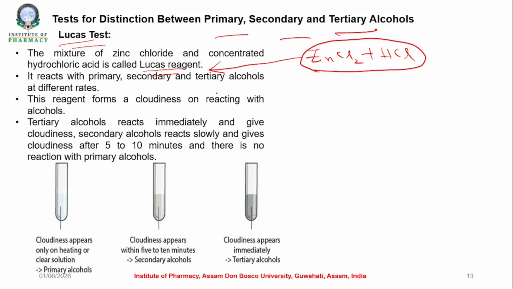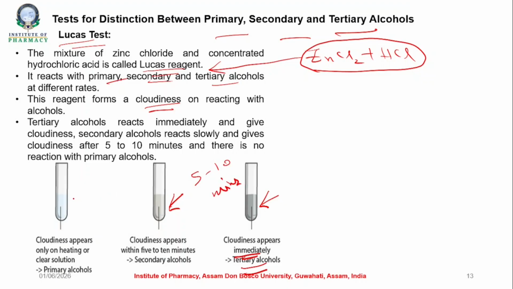So when we react primary, secondary or tertiary alcohol with this Lucas reagent, cloudiness is formed. The rate of formation of this cloudiness is different for different types of alcohols. For tertiary alcohols, the cloudiness in the solution appears immediately. If we take secondary alcohol, the cloudiness takes about 5 to 10 minutes to appear.